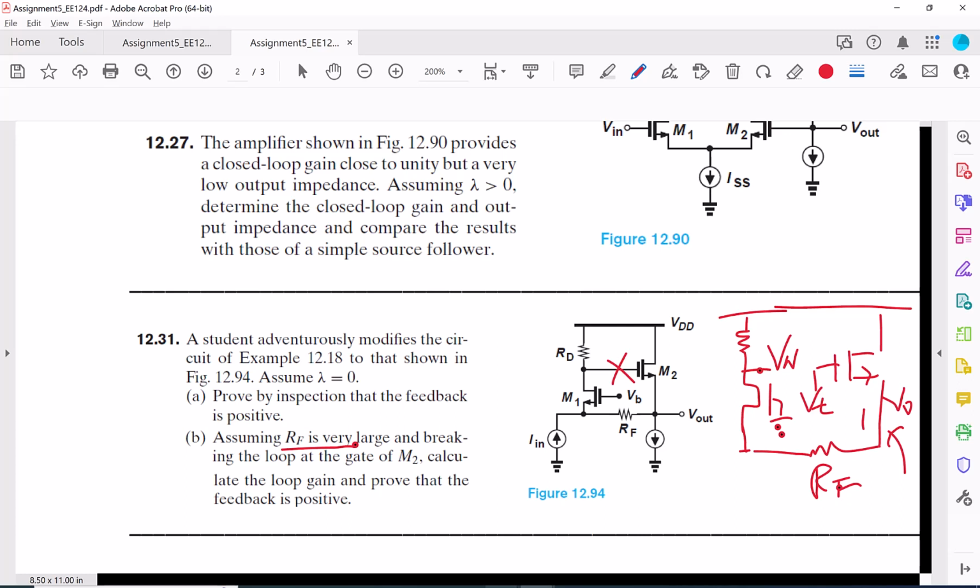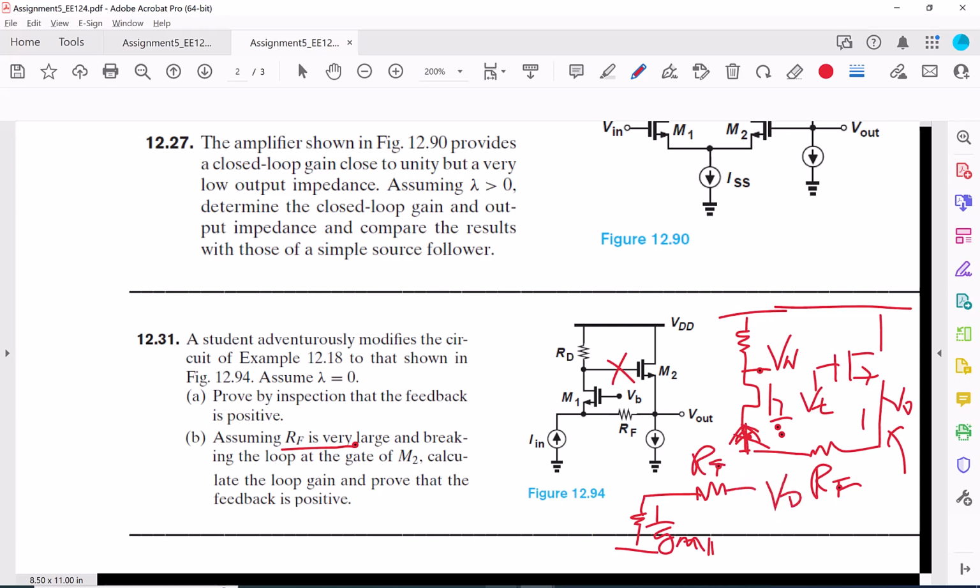And then RF is very large. What I want to know is what is the voltage at this point. I mean, what is the current? Sorry, the current going into here. What is the current that goes into here? Then again, we go through the trick because of time. I just tell you, looking up is 1 over GM1, right? And then this is RF.